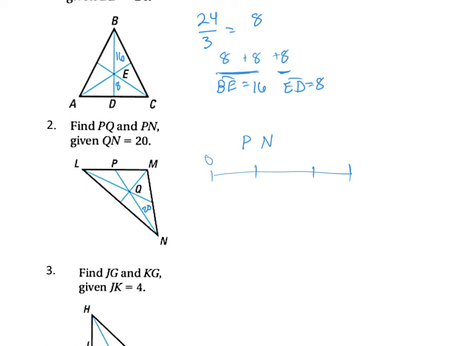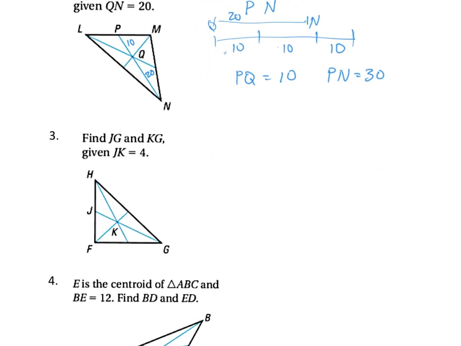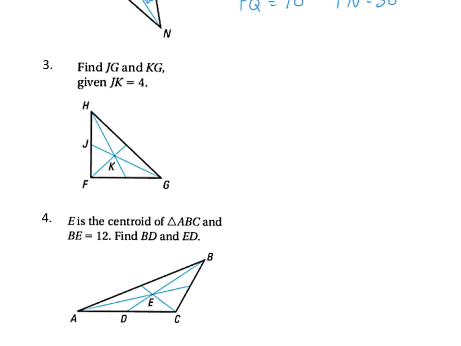There are 2 segments that make QN. If I take 20 and break it in half, this is 10 and 10, because the entire distance of QN is 20. So now I know the last one has to be 10. So PQ equals 10, and PN equals the entire thing, which is 30. I find drawing a picture makes it easier for me to figure it out.